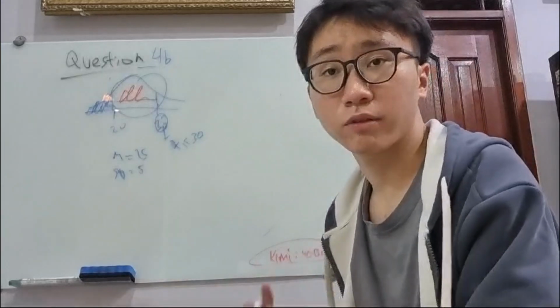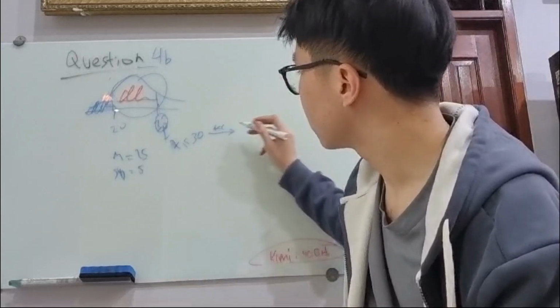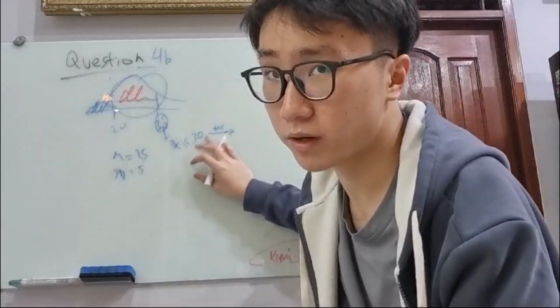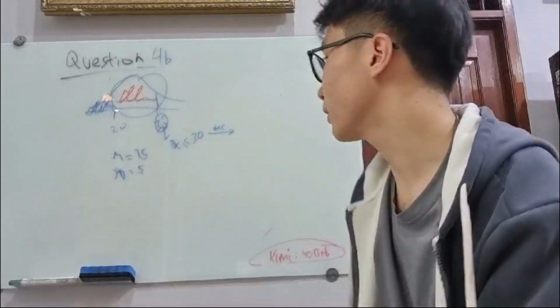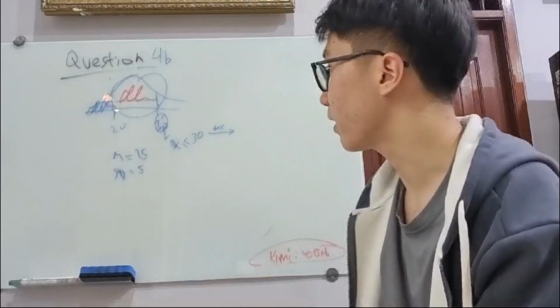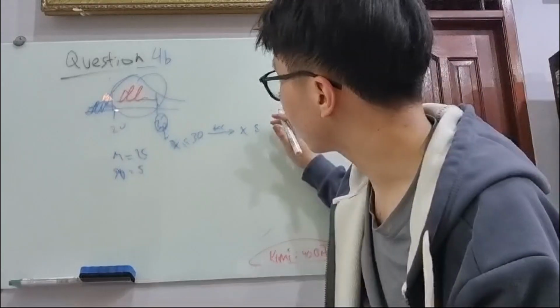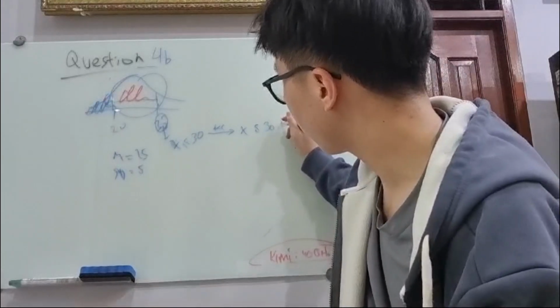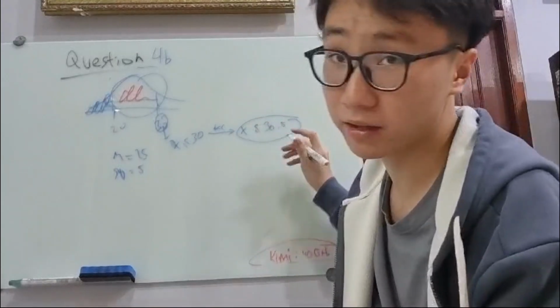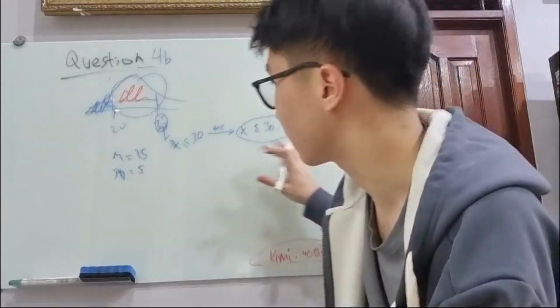We need to add continuity correction too, again, just like we've said before. Since this is already equal to, we need to expand it, so we give it an extra 0.5. We need to add 0.5. So x less than or equal to 30.5. This becomes the new x score we're testing for.